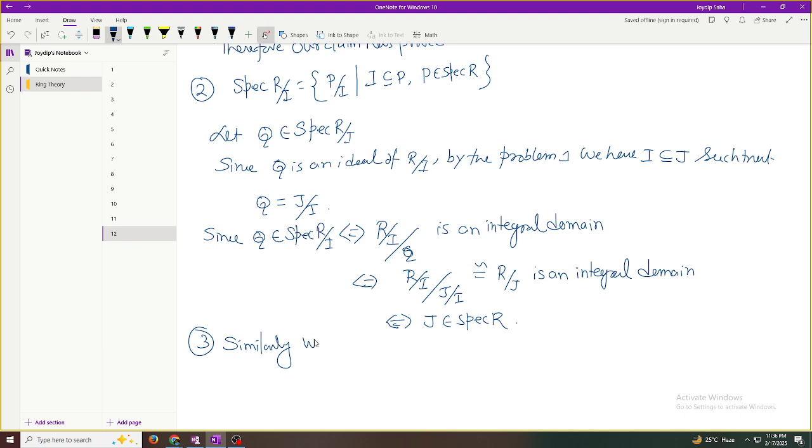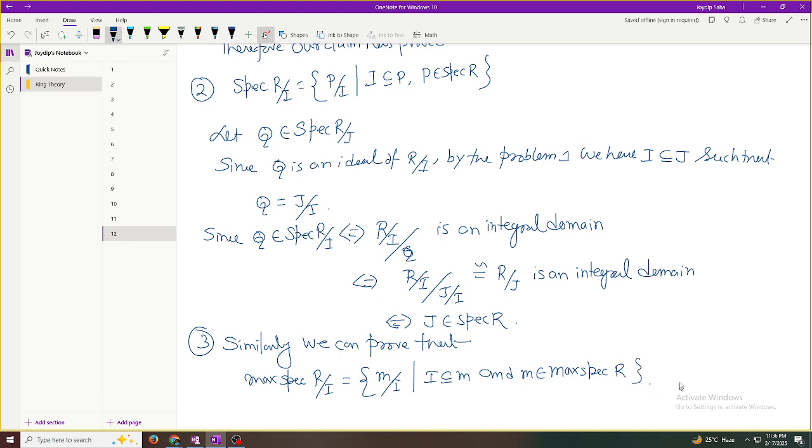Then similarly we can prove that Max Spec(R mod I) equals the set of M mod I such that I is a subset of M and M belongs to Max Spec R. Homework.